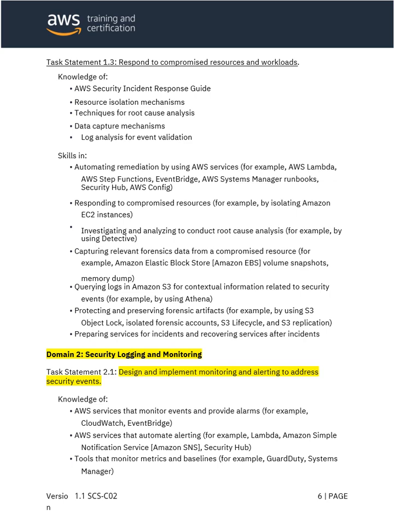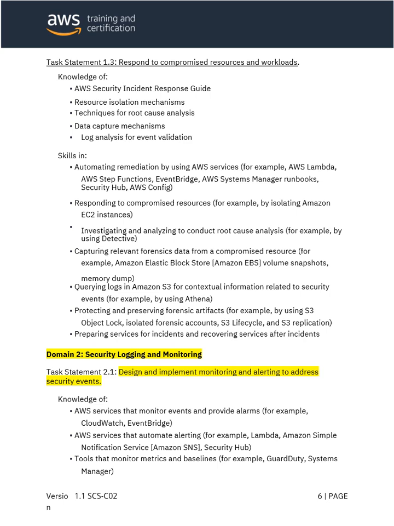task 1.3 is responding to compromised resources and workloads. So if any of your resources or your workload is compromised, how will you respond?